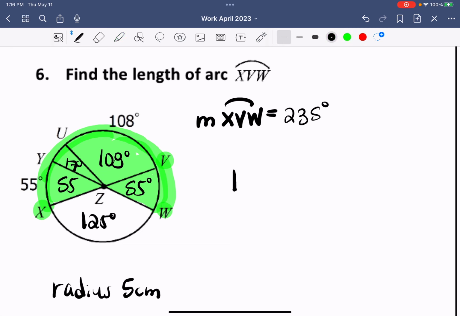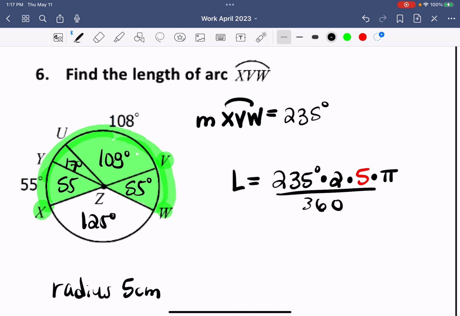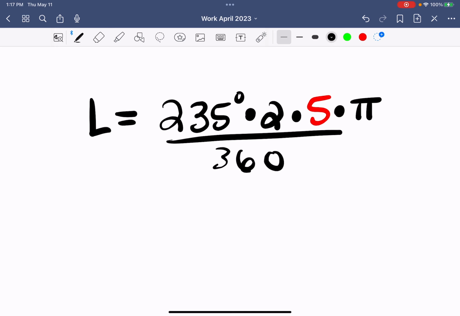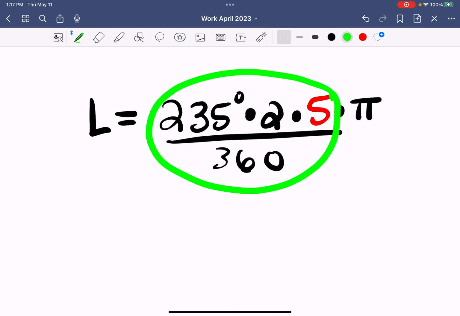And the formula says if you want to find the length, you need to do the degree, 235 times 2 times the radius. The radius is 5. Times pi and divided by 360. In the calculator, don't put pi first so that you can write it in terms of pi.